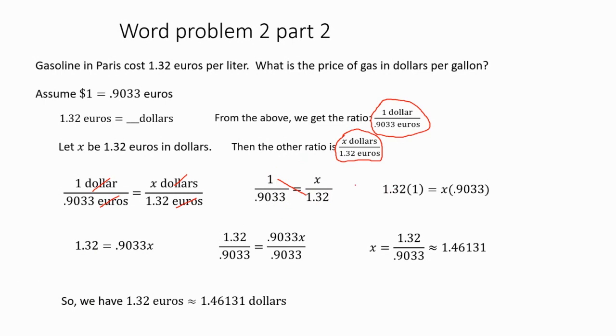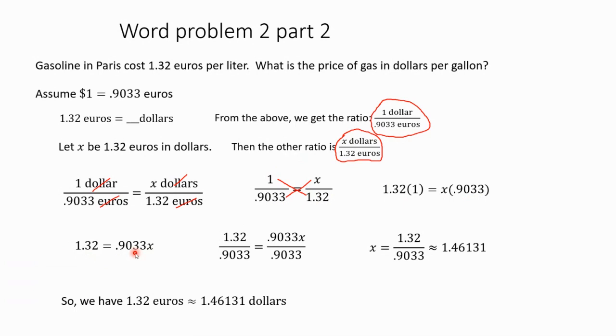Multiply 1 times 1.32 equals x times 0.9033, as you can see. And of course, that's the same thing as 1.32 is 0.9033x, like so.